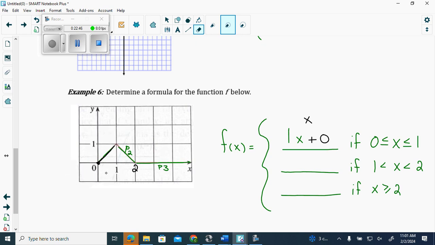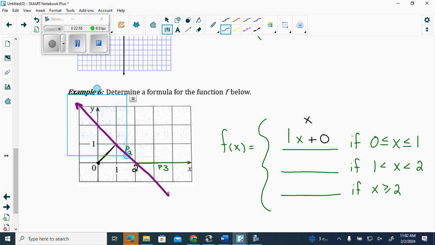Now part 2, I'm going to extend purple. So that would be the line for part 2, correct? So what's its y-intercept at? 2. So I'm going to go plus 2 at the back.